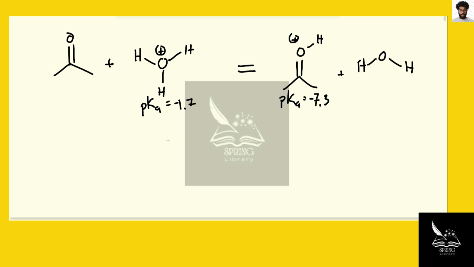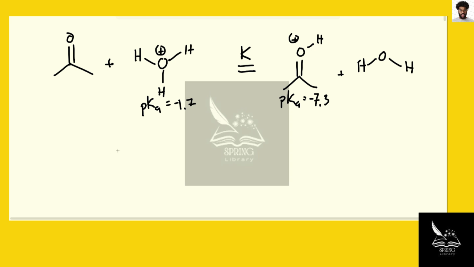Okay, so I want to point something out here, and that's that you can actually do this problem purely mathematically if you're given these pKa's, right? And the way that you would do that is you know that this is an equilibrium.